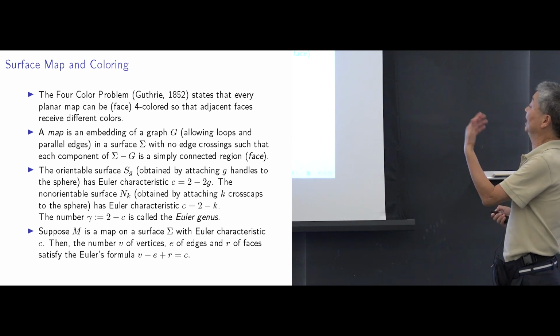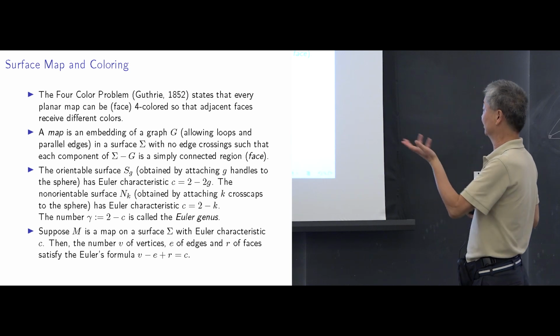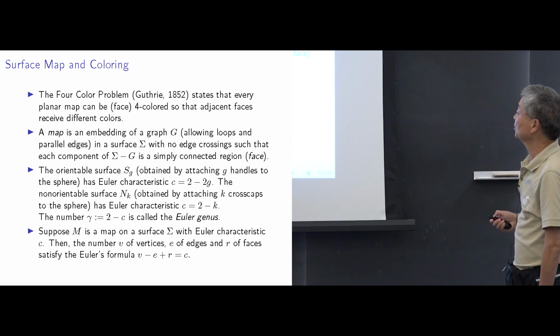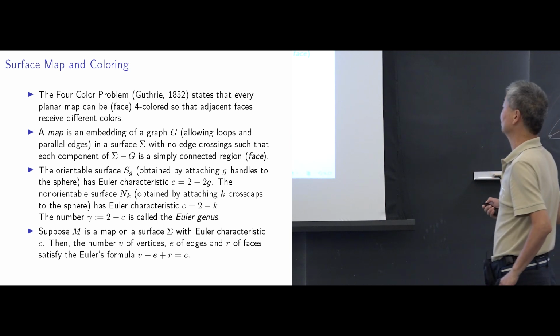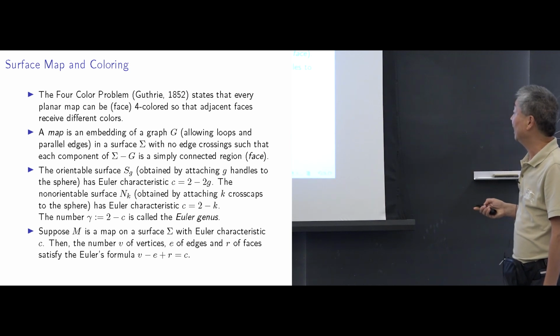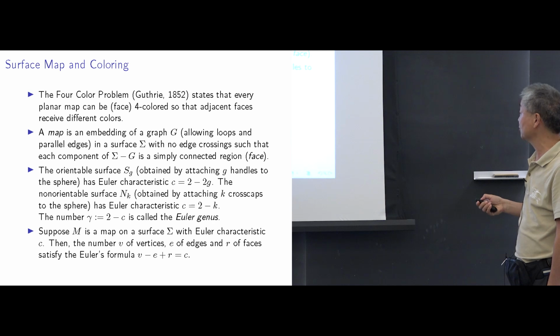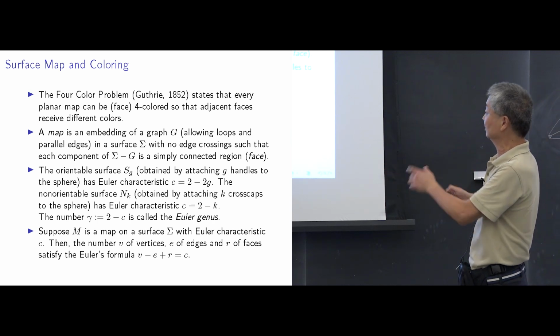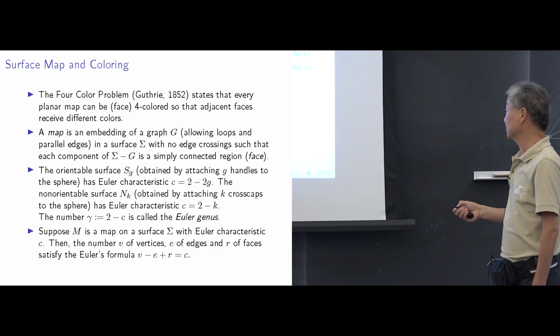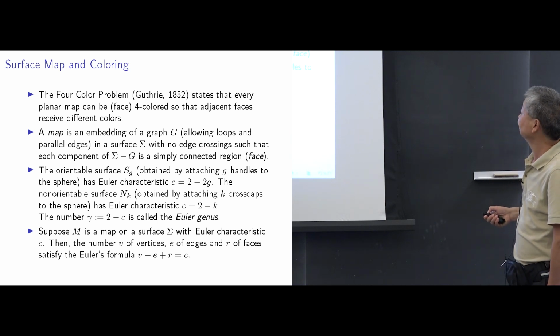And here we actually allow parallel edges and in general loops when we deal with colorings. But what's important is that each component is a simply connected region, a face. So a natural extension of the four-color problem from the sphere or the plane is to the general surface.